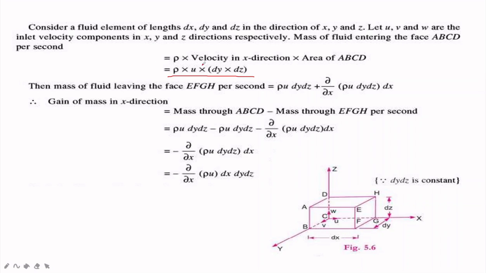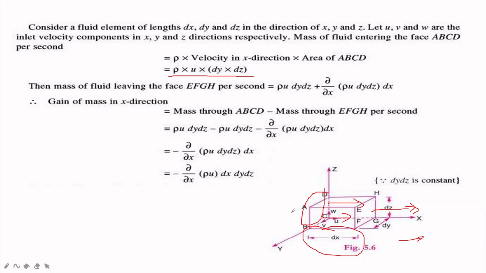So this is the quantity of water entering. It will enter ABCD, but it has to move a distance of dx to leave EFGH. What work does it have to do? It has to work over the distance dx to come out of EFGH, right? So that work we are calculating here. It is in the direction of x.